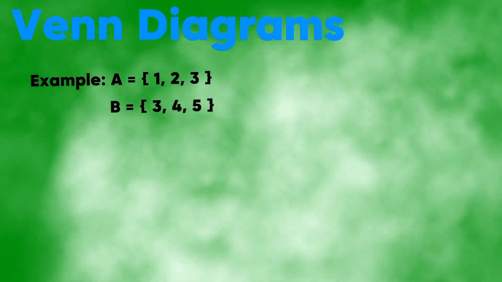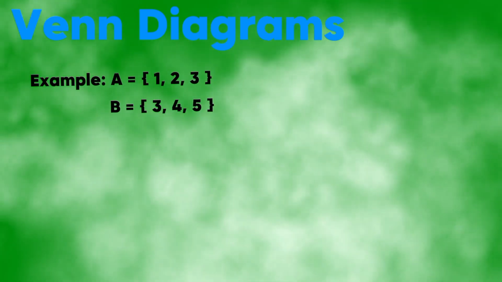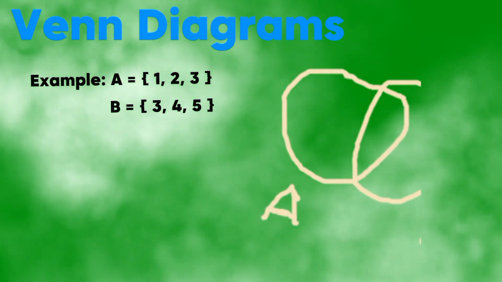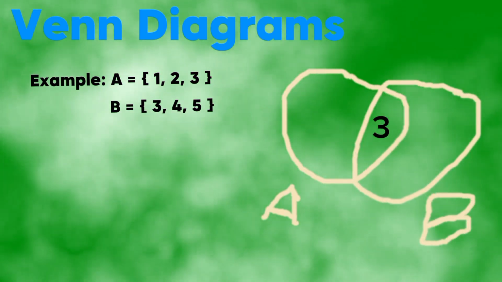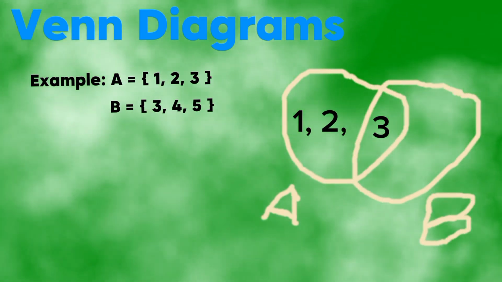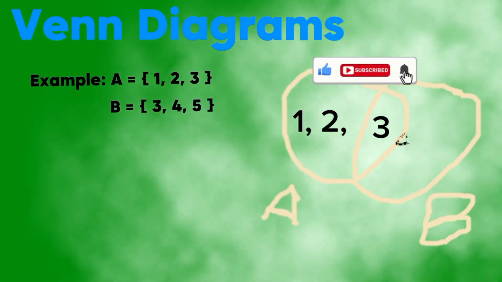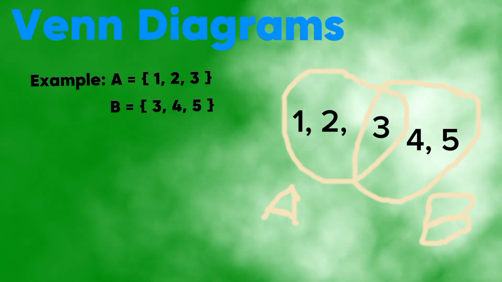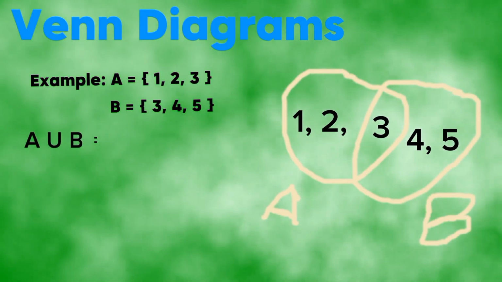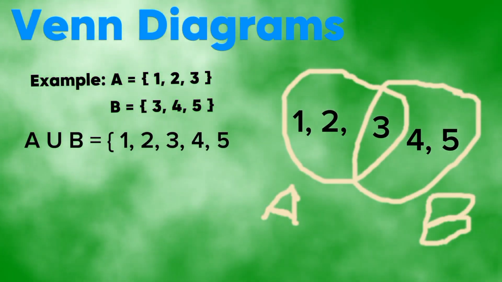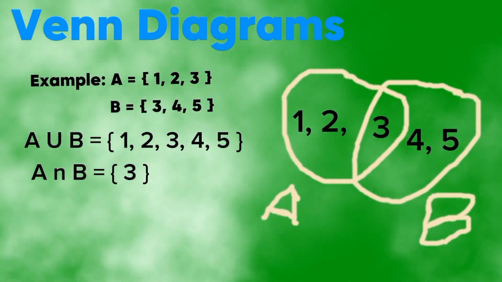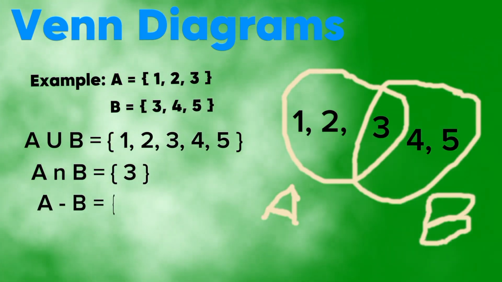Now let us see it step by step in a Venn diagram. Place 3 in the overlap. Place 1, 2 in A. Place 4, 5 in B. Now we can easily see A union B is all elements, A intersection B is the overlap, and A minus B is the left side only.